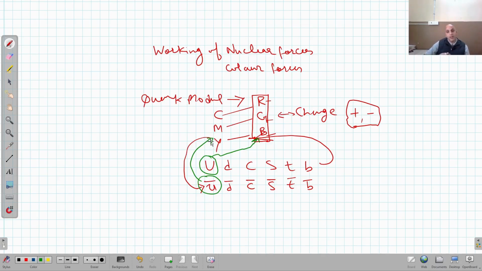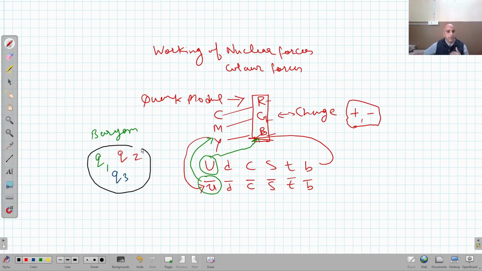Now these quarks join together and they form hadrons. We have seen in the quark model that if I talk about the baryon, right, then a baryon has 3 quarks, Q1, Q2 and Q3. These 3 quarks join together to form a baryon, right?